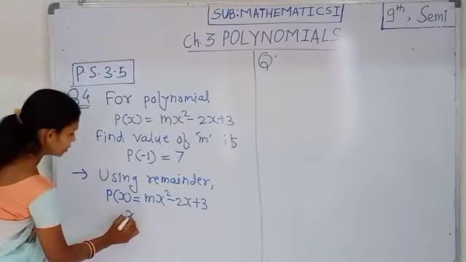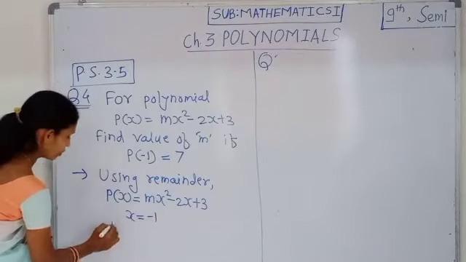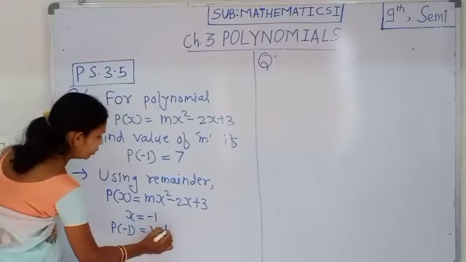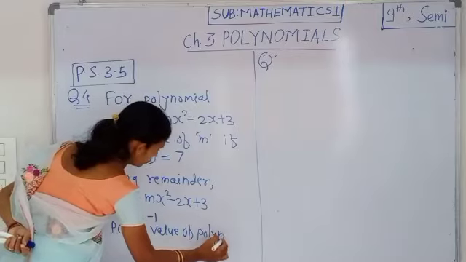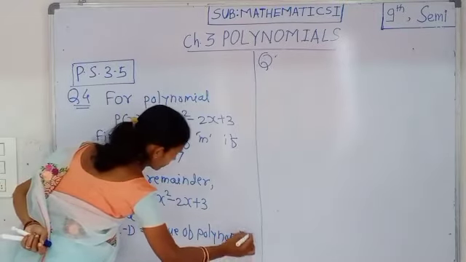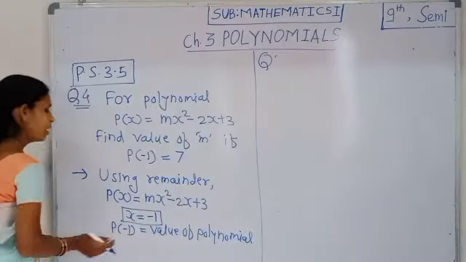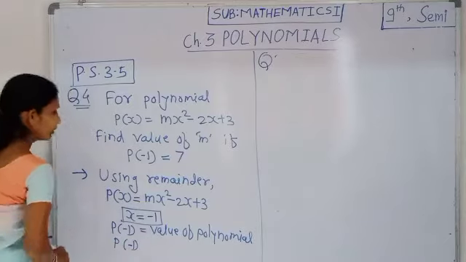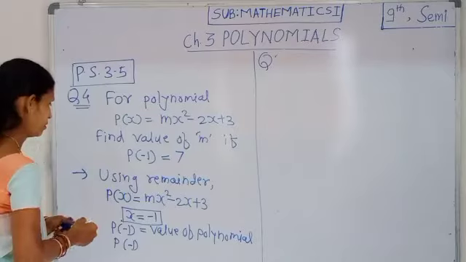That means x equals minus 1. Therefore p(minus 1) is the value of the polynomial for x equals minus 1, and it is also the remainder.